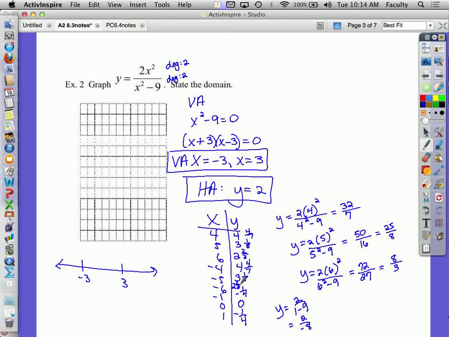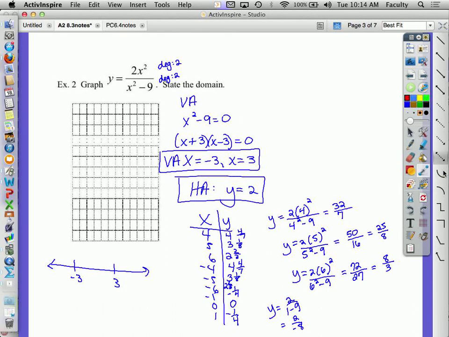Alright, so let's start with our axes and then asymptote. Now the lowest I go is -1/4, so I don't need it to be that low. Alright, here's where it's interesting.